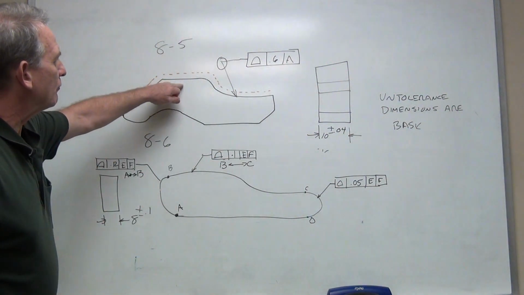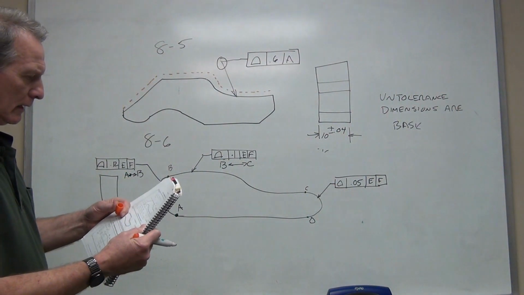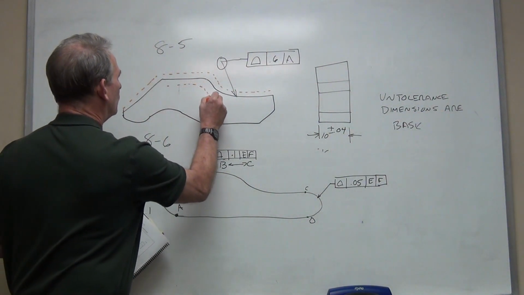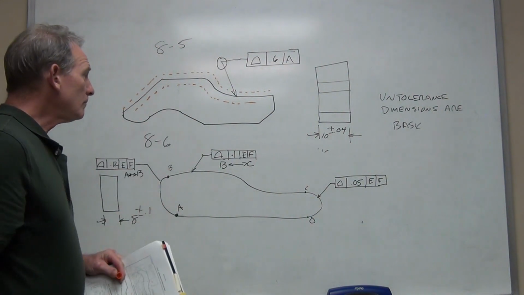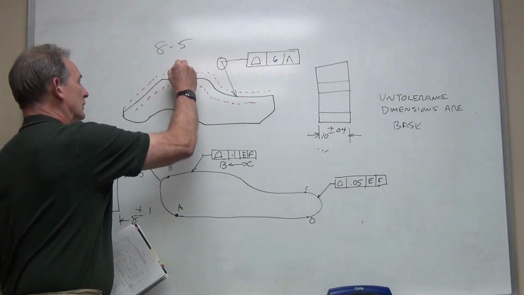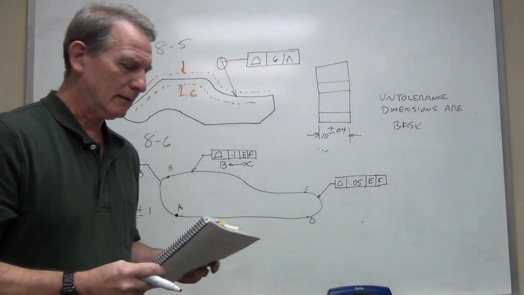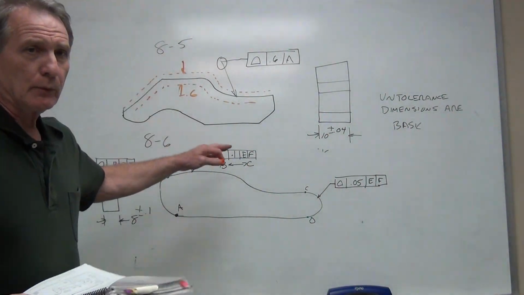Obviously, as I follow this line, I just offset that line by however much this thing is allowed, 0.6, and of course there's an equivalent tolerance zone on the inside. So this distance is 0.6, intended to be 0.6 millimeters, I'm sure, and it's equally disposed.